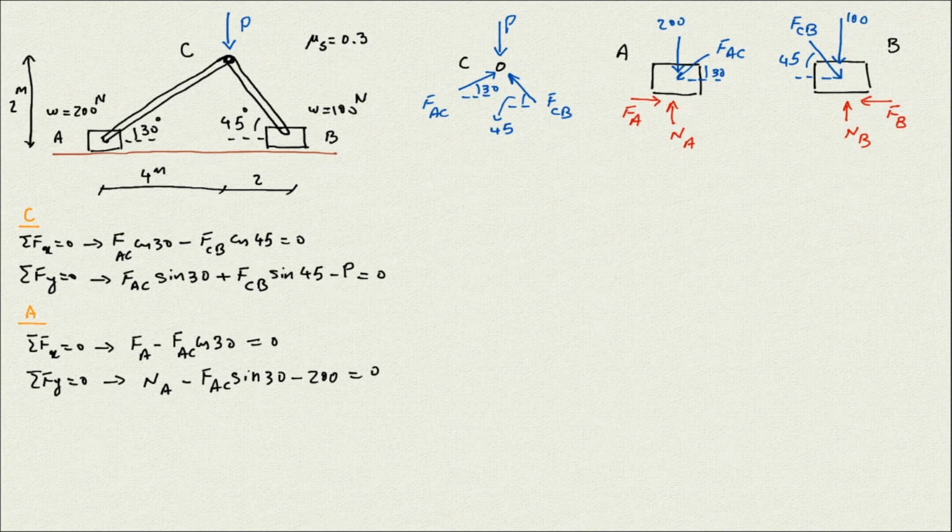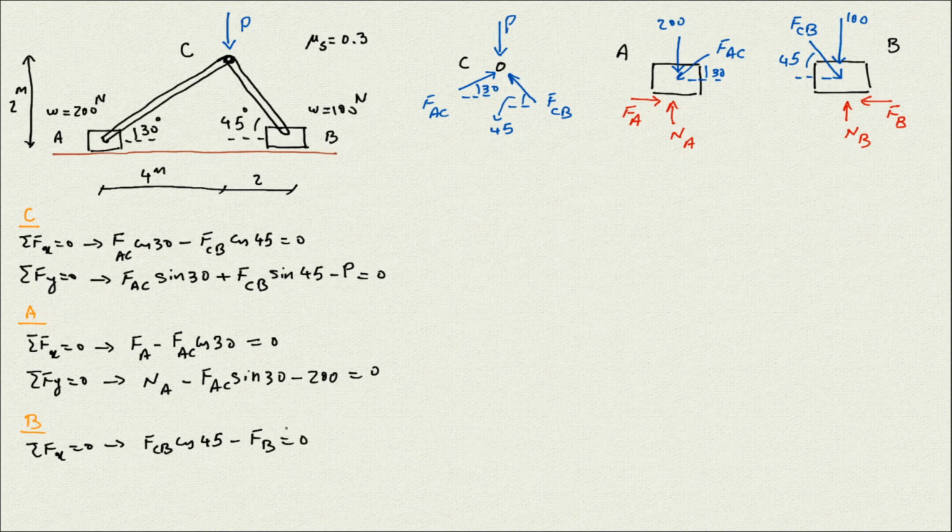And if I write what we have at point B, again sigma Fx is 0. What I would get here is that I have the FCB cosine 45 minus FB is 0.